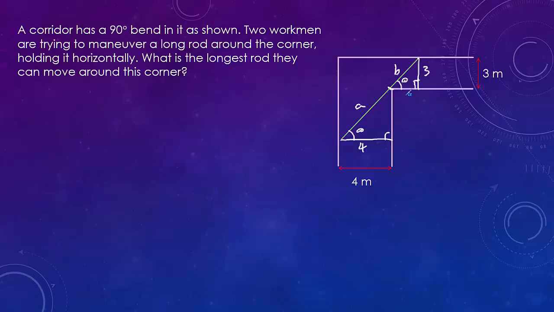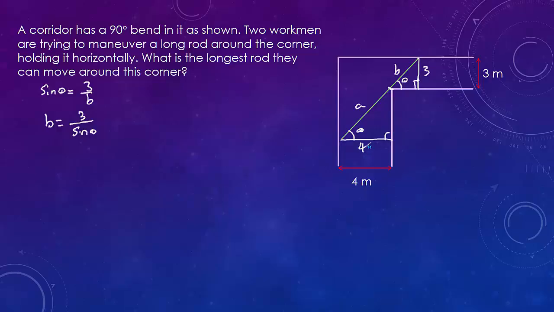So if we look at this, this angle is theta, and that's the opposite, and that's the hypotenuse. So I can say that sine theta is equal to 3 over b. And that means that b is equal to 3 divided by sine theta.